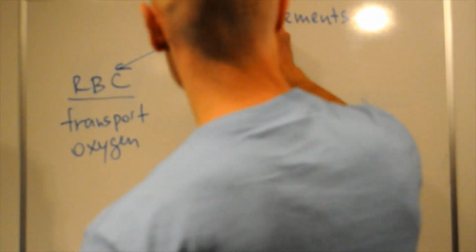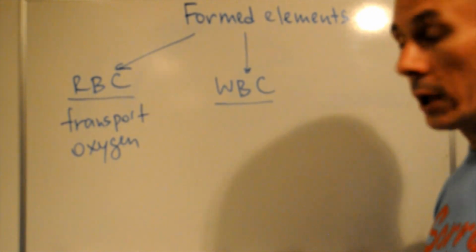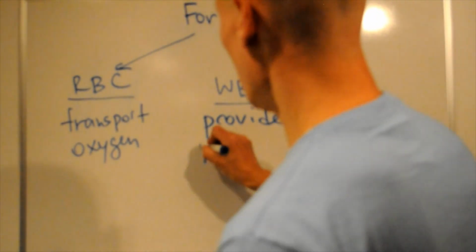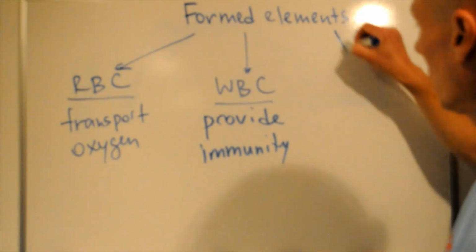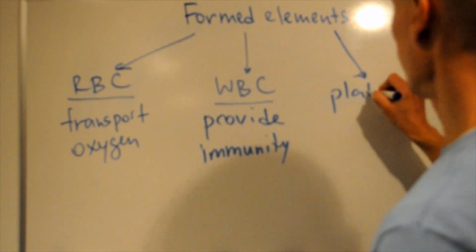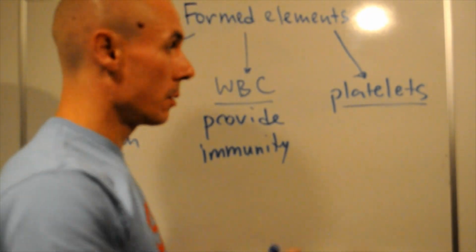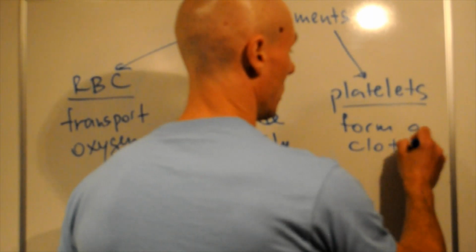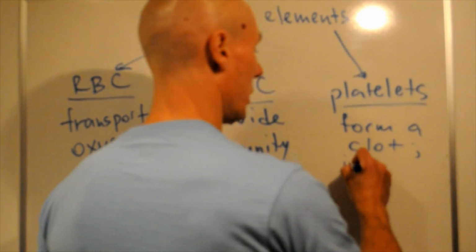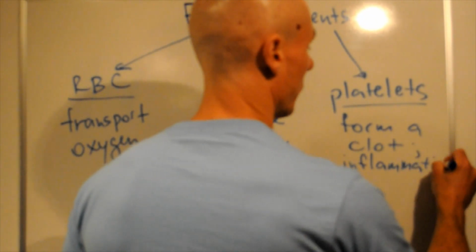White blood cells, whose function is to provide immunity. And platelets, whose function is to form a clot. They also are critically important in the process of inflammation.